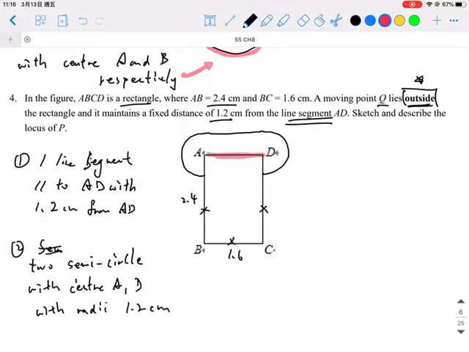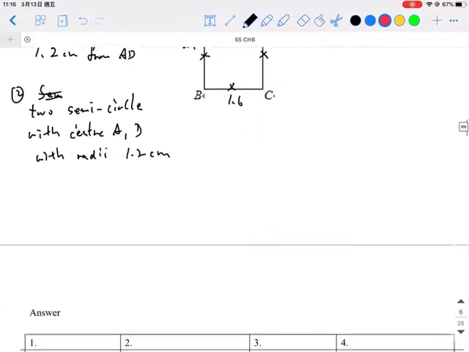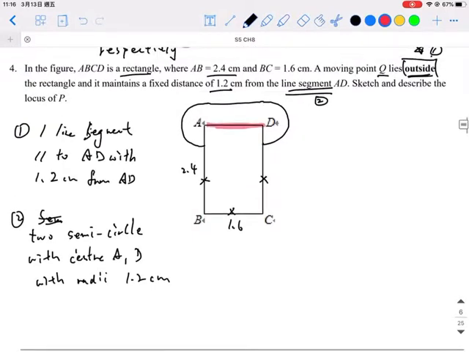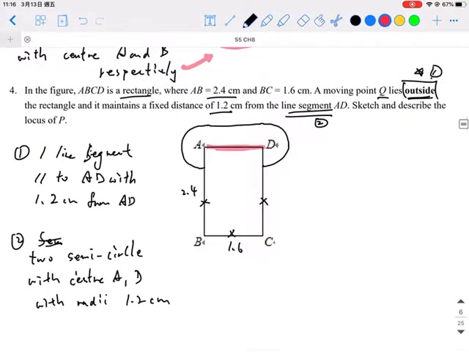That's the end of question number 4. So remember, one keyword is outside, and the second keyword is line segment. Overall for worksheet 2, you need to distinguish whether the question is telling you to keep a fixed distance with a line or a line segment. Okay, that's the end of worksheet 2.